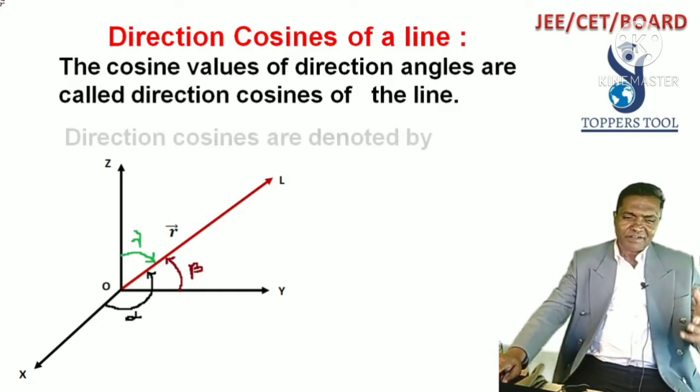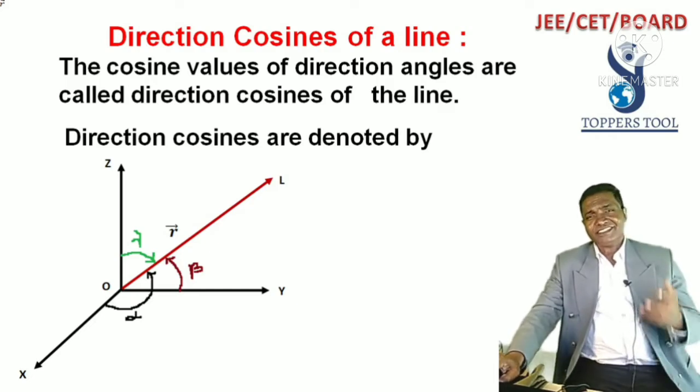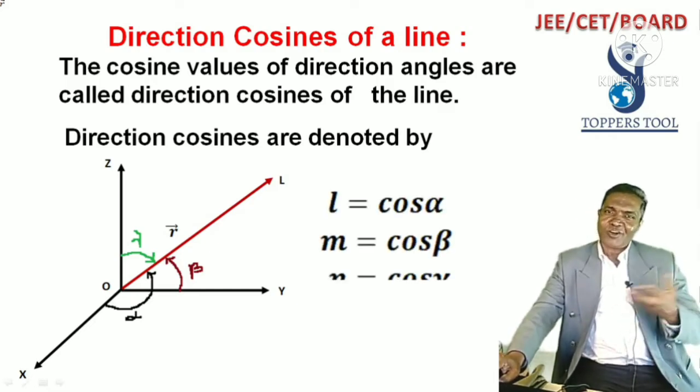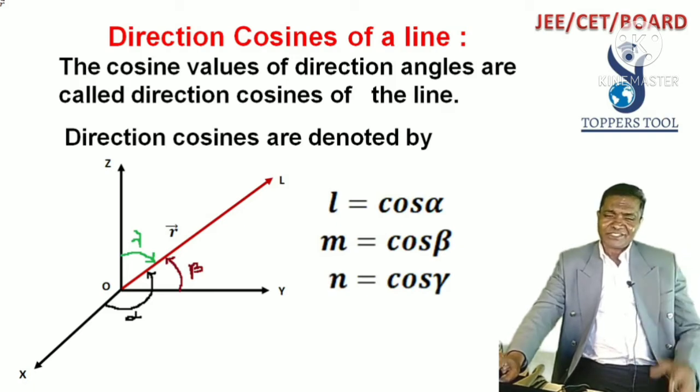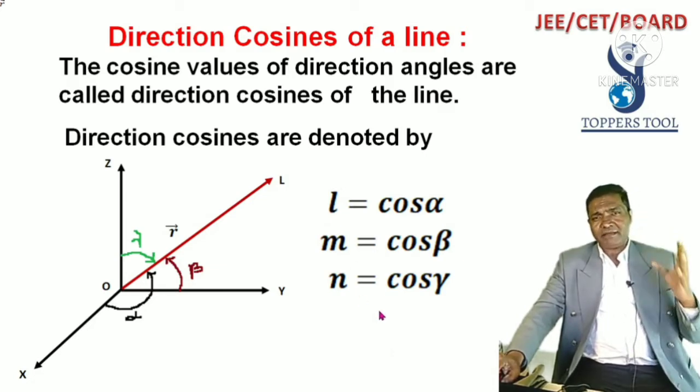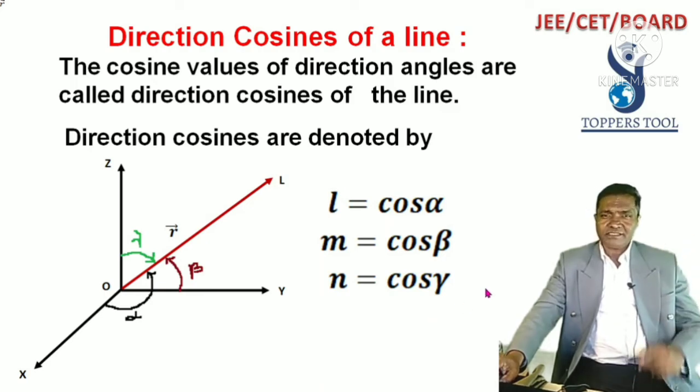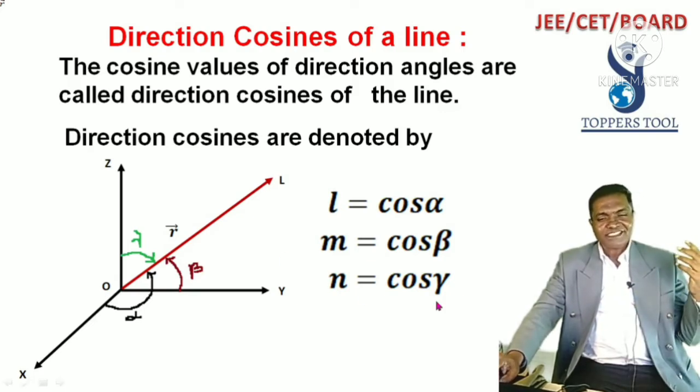So if alpha, beta, gamma are the directed angles, then cos alpha, cos beta, cos gamma are called direction cosines, and they are represented by l, m, n. Whenever l, m, n come, bring to your mind that they are the direction cosines. So l stands for cos alpha, m stands for cos beta and n stands for cos gamma.